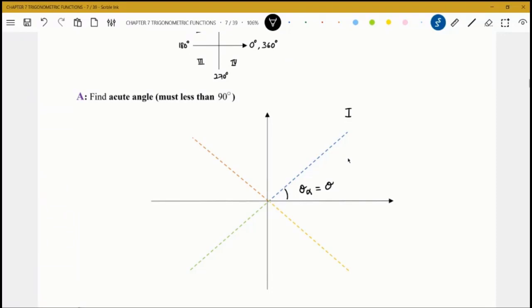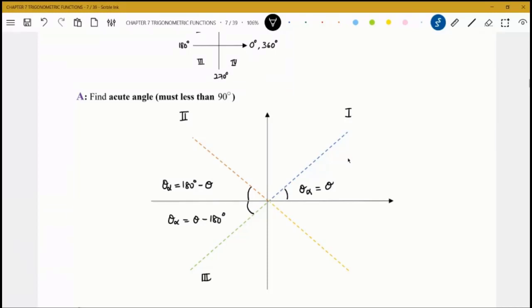Okay, and then if your angle lies on the second quadrant, so untuk dapatkan acute angle, 180 minus theta yang diberi dalam soalan. Okay, so second quadrant 180 minus theta. Kalau dia lies on the third quadrant, untuk dapatkan acute angle di sini, theta yang ada dalam soalan tolak dengan 180.